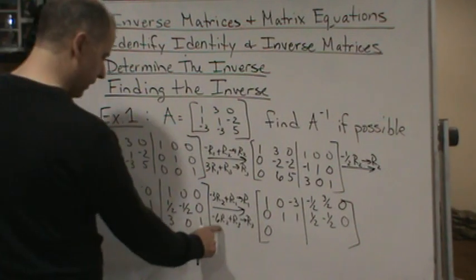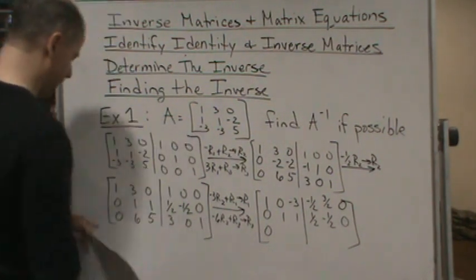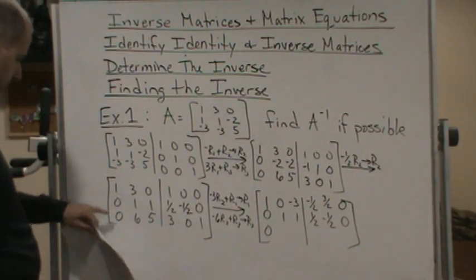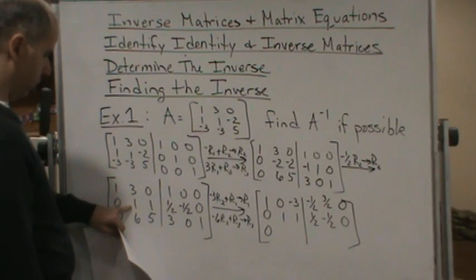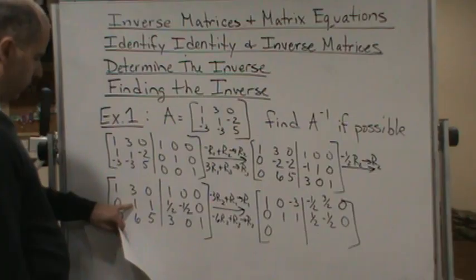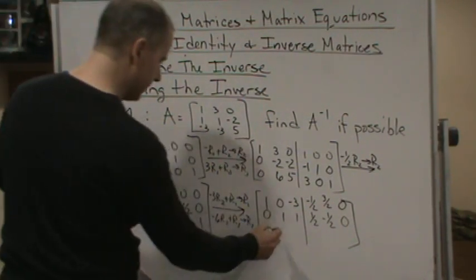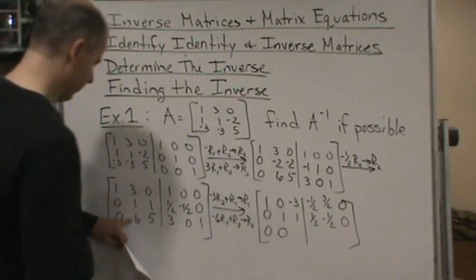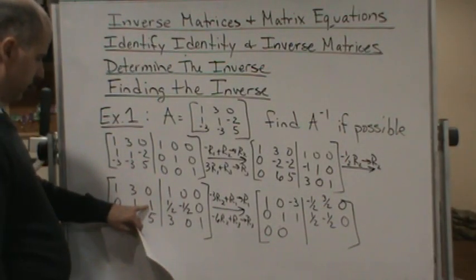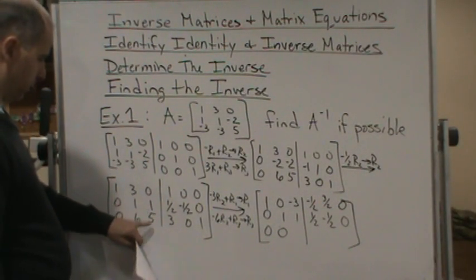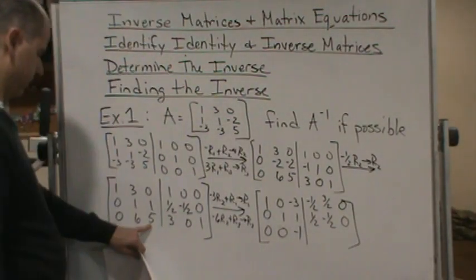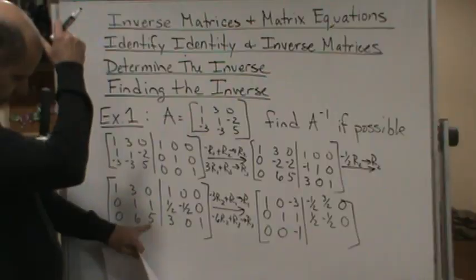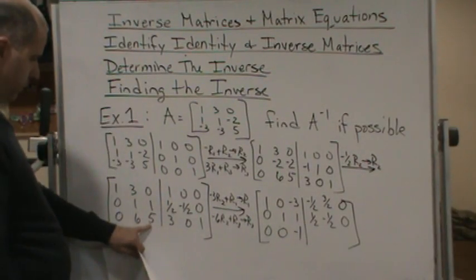Now I'm going to do the same thing on the bottom: negative 6 times row 2, and then add it to row 3. So again, 0, 1. Negative 6 plus 6 is 0. And then negative 6 plus 5 is negative 1. Right?